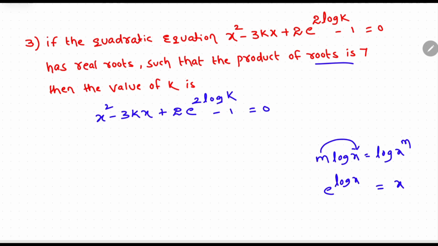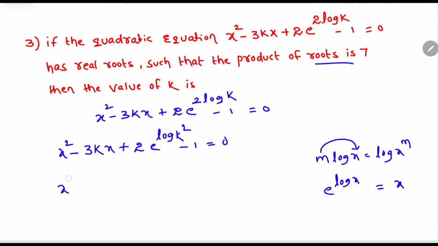Now here we are writing x to the power 2 minus 3kx plus 2 e to the power 2 log k, so we have e to the power log k square minus 1 equals 0.